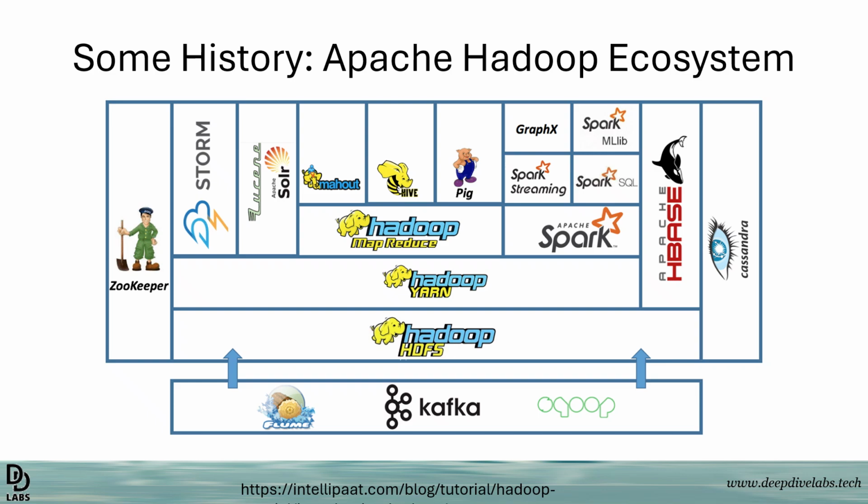Within the Hadoop ecosystem, in this module we are going to concentrate on Spark. Spark consists of its core engine, which is called Spark Core, and on top of it are built Spark SQL for doing SQL workloads, Spark Streaming for streaming data, GraphX for graph processing, and Spark MLlib for running all the machine learning libraries.